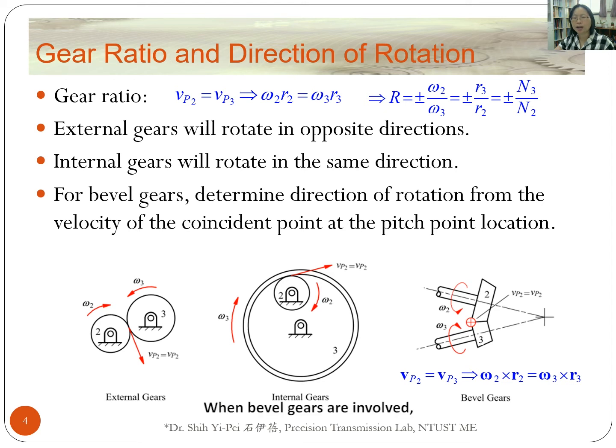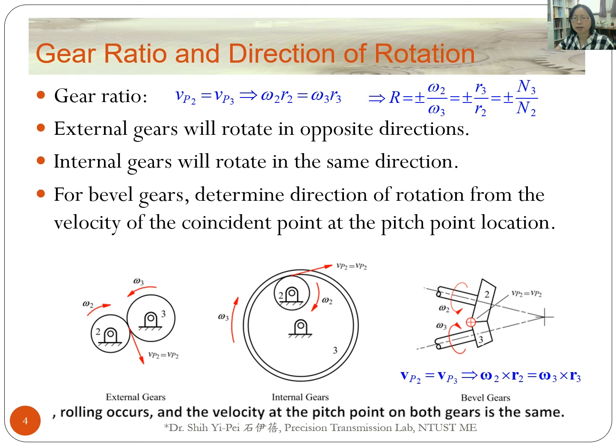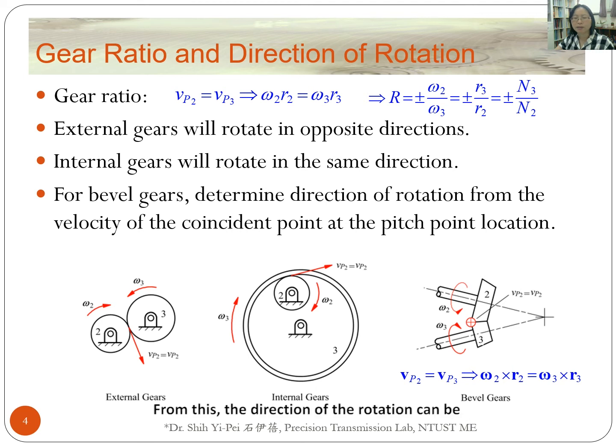When paired gears are involved, the angular velocities must be treated as vectors. A relatively simple way to do this is to recognize that at the pitch point location, the velocity at the pitch point on both gears is the same. From this, the direction of rotation can be inferred from the simple velocity relationship.